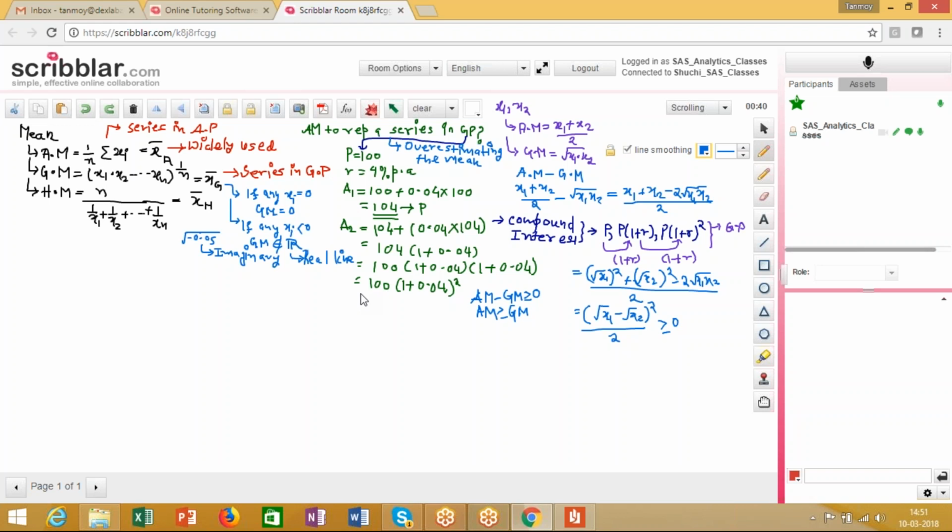It gives the highest weightage to the lowest value and the lowest weightage to the highest value. So if your data set has a couple of outlier values and you want to minimize the impact of those outliers, then you can think of using harmonic mean to do that.